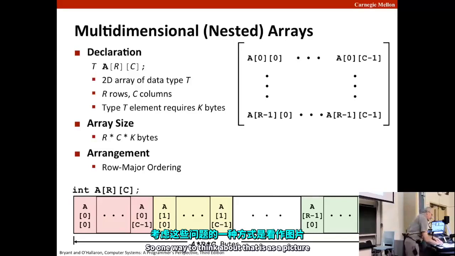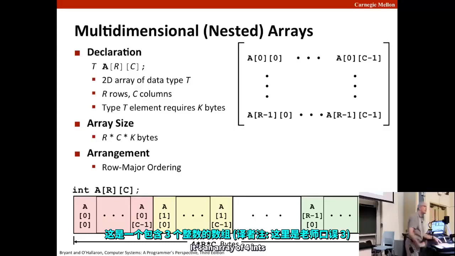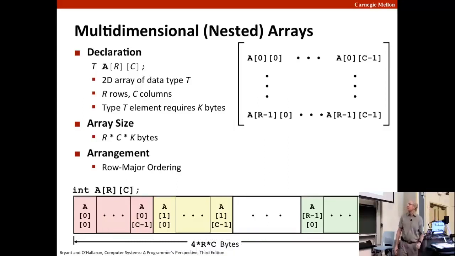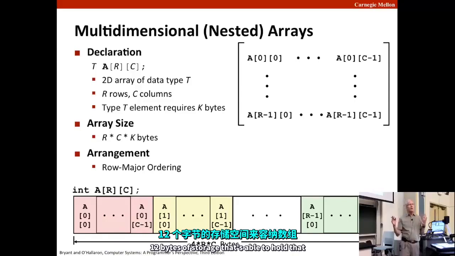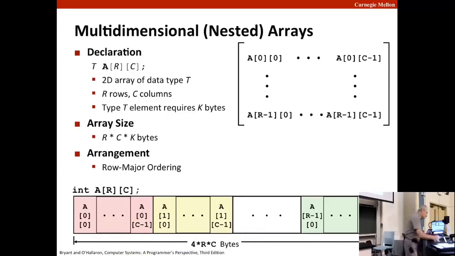So one way to think about that is as a picture. A1 is like we've been showing here. It's an array of 4 ints. And when I declare A1, the program is allocating 12 bytes of storage that's able to hold that.